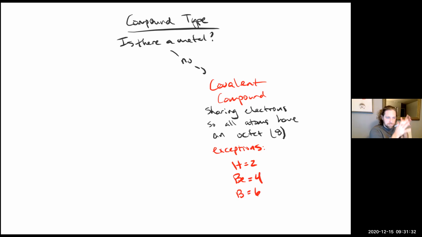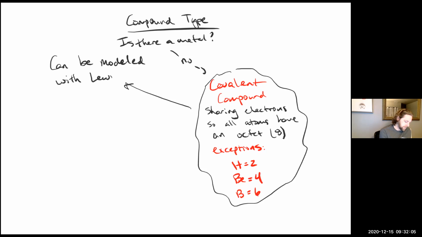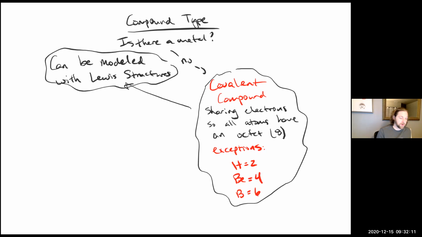That's a predictable end point that we're gonna try and reach with our structures. And we're gonna represent valence electrons bonding, or what the valence electrons are doing, using Lewis structures, which we're going to be getting into more today.